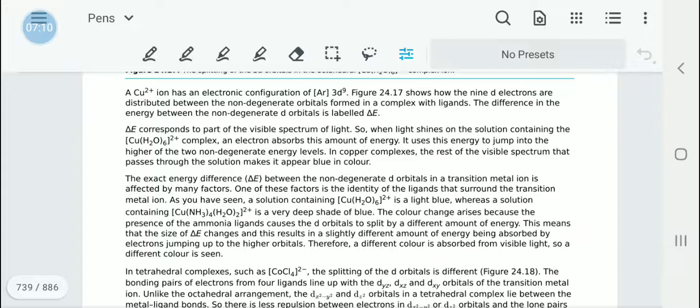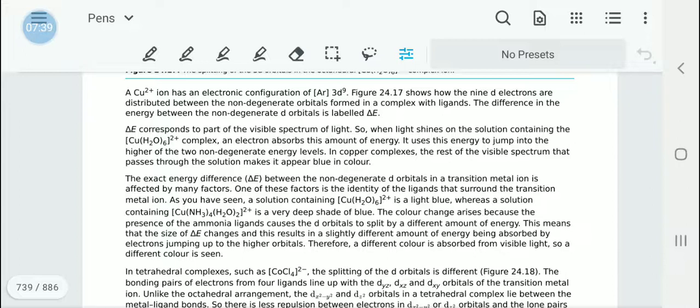So what happens is, when light is shone upon this solution having this copper 2+ ion complex, the electron would absorb that particular amount of energy from the light photons, and it jumps into the higher of the two degenerate energy levels.